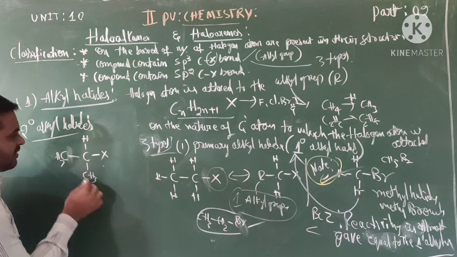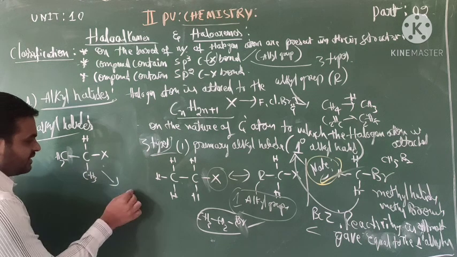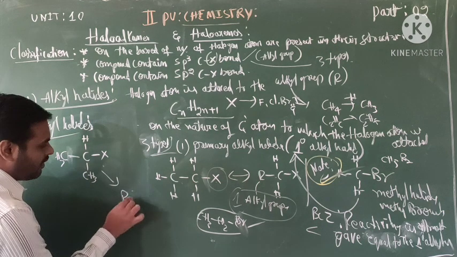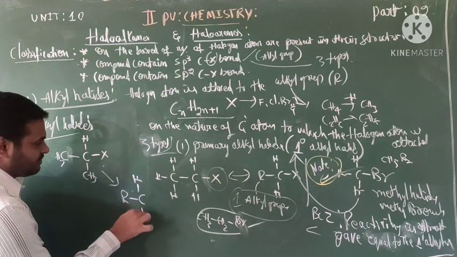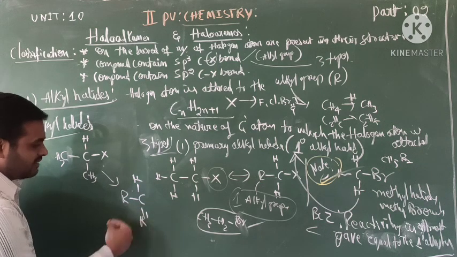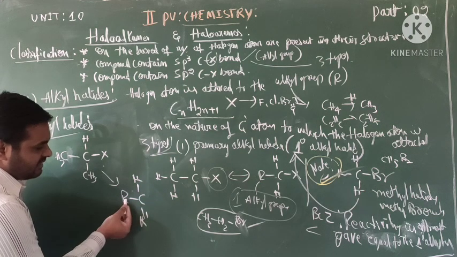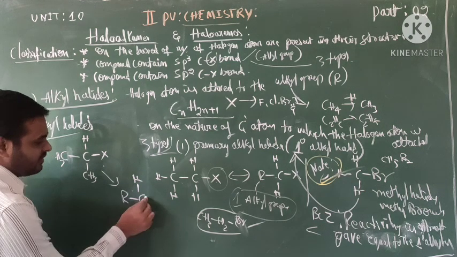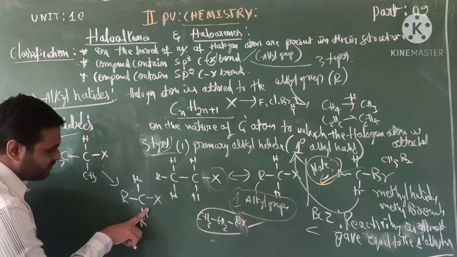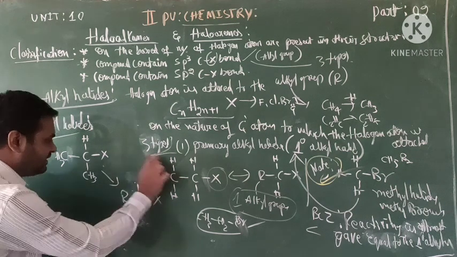Okay, it's called the general representation, R, R', H, X, where R is also an alkyl group.